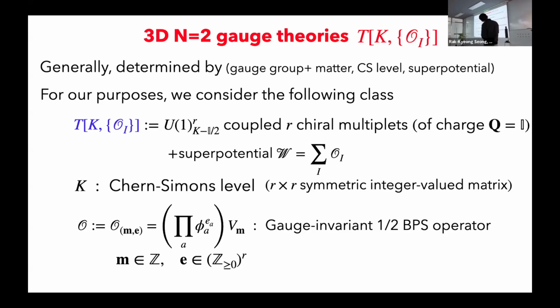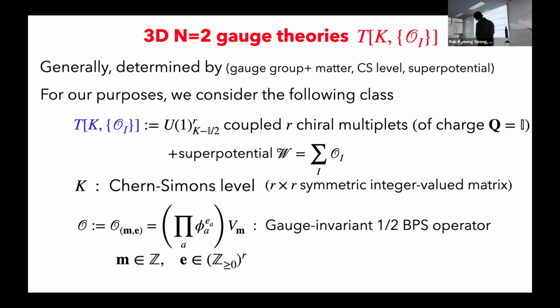And with some superpotential, denoted by O. Here these are integer-valued vectors, and the superpotentials are labeled by the magnetic charge M and electric charge E, and they are subject to some concrete mathematical conditions to be gauge invariant and to be a scalar operator.